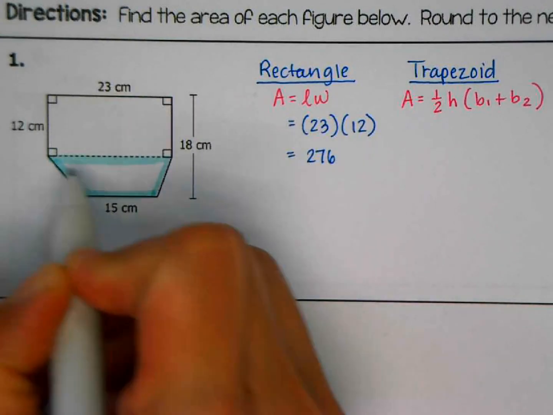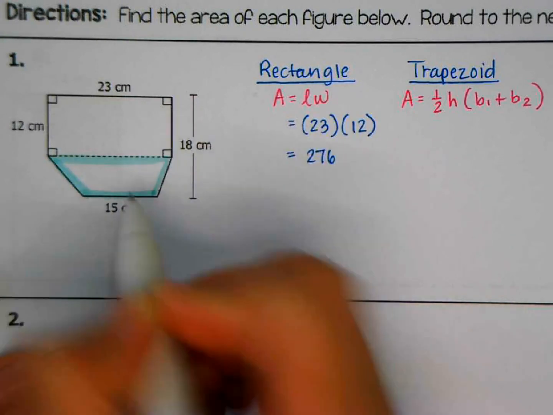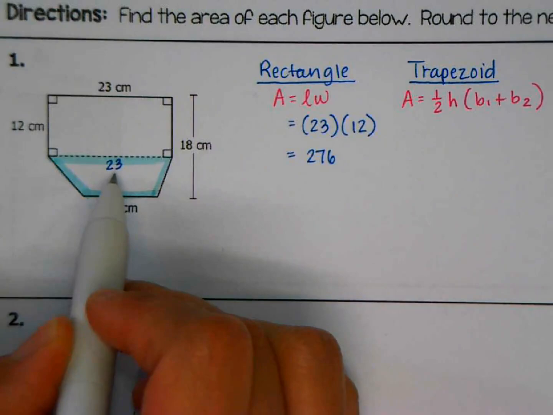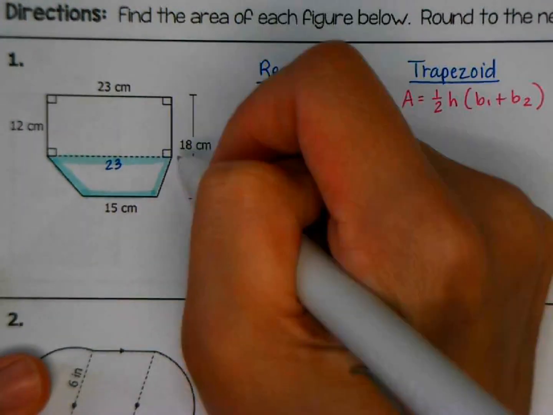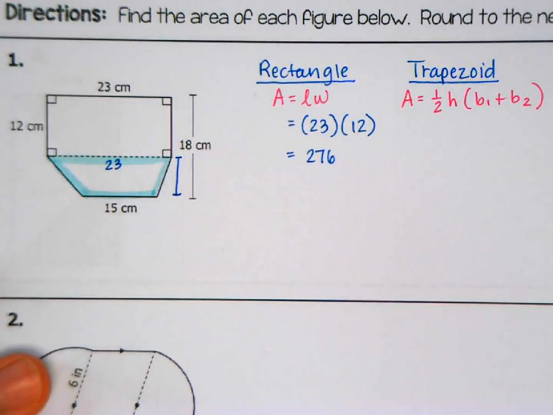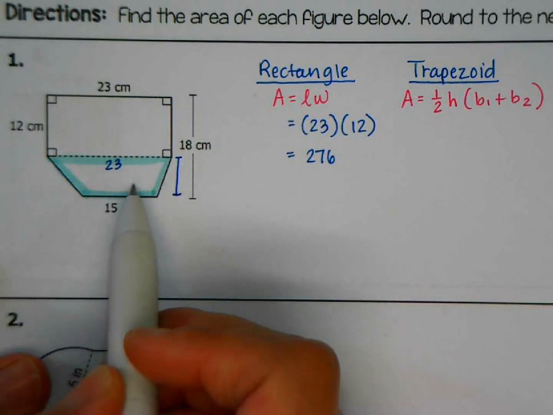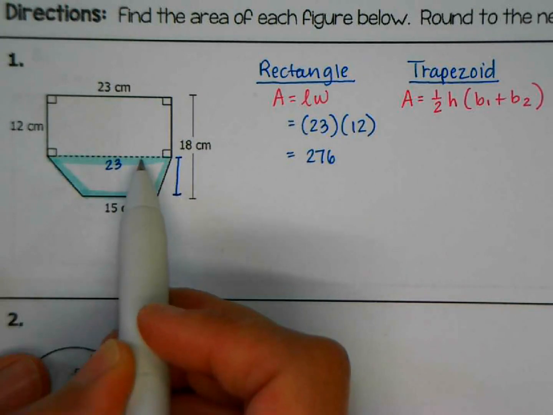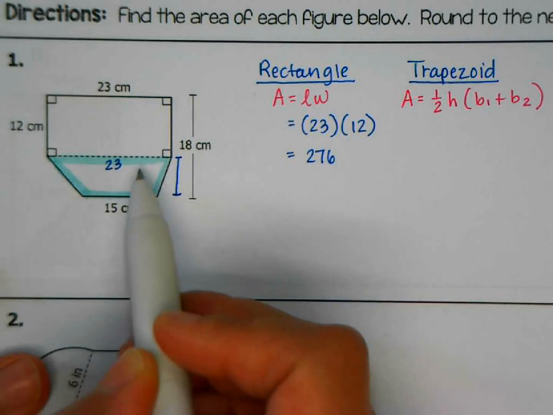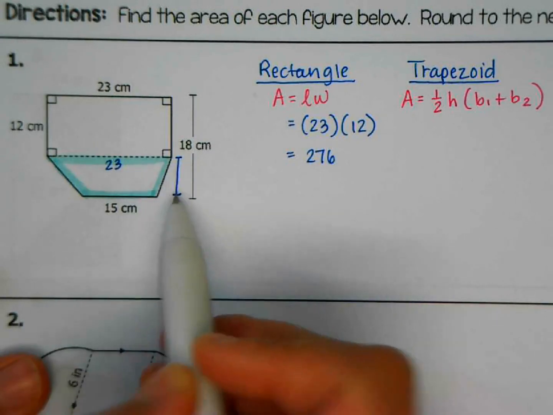We have base 1, base 2. This one's going to be 23. I'm just copying it over from the rectangle up top. And then all I need is the height. If I drew a segment here, I'd have 90 degrees, and that's the relationship between height and bases. They're going to be perpendicular, but I'm just going to put it outside.